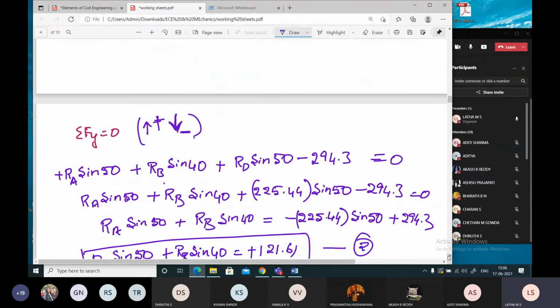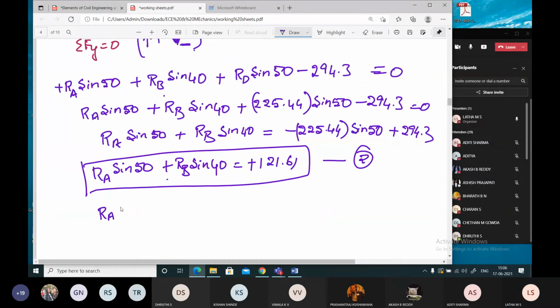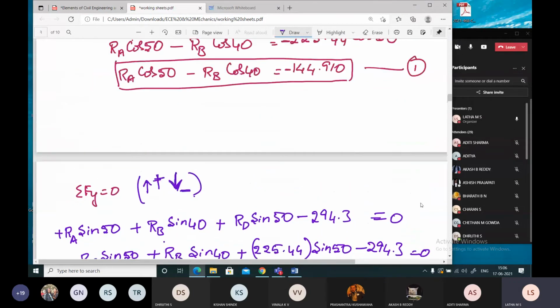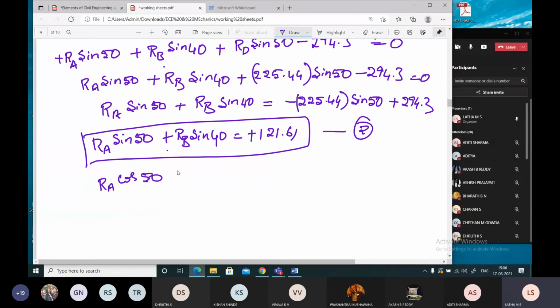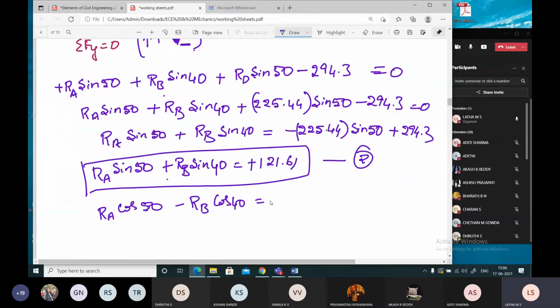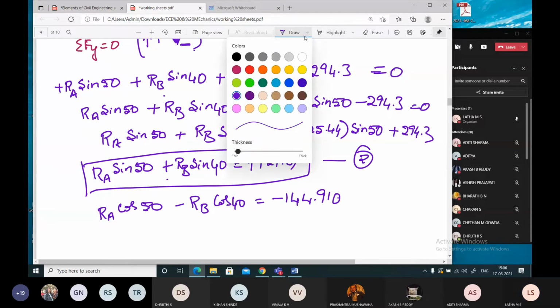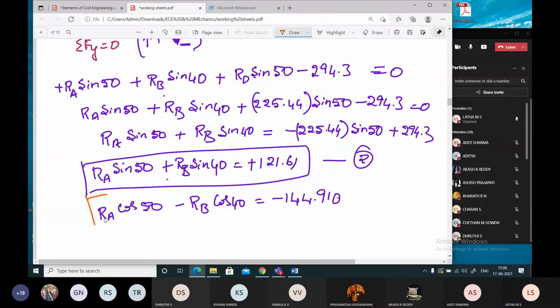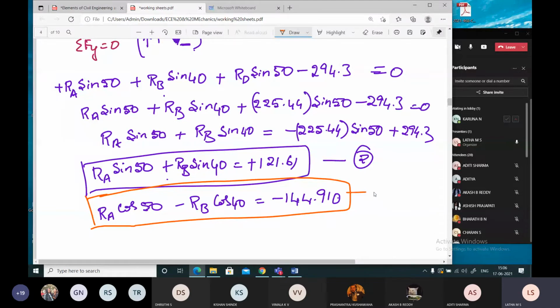This is RA cos 50, then you have minus RB cos 40 equals minus 144.910. This is your first equation.